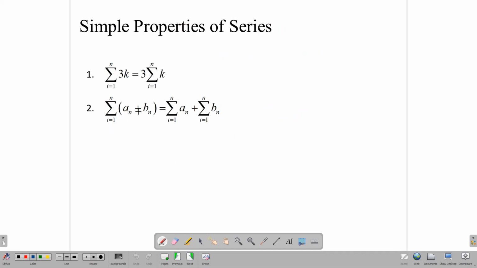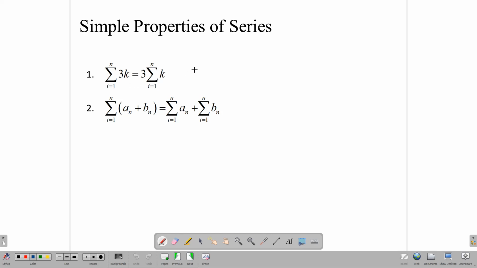There are some very simple properties of series that we need to be familiar with, such as the sum from i equal 1 to n of 3k, that is when we're multiplying our variable here by a constant, that it can be split in 2.